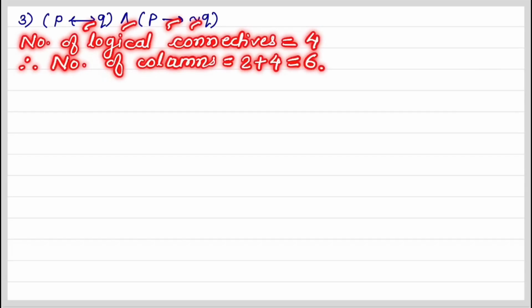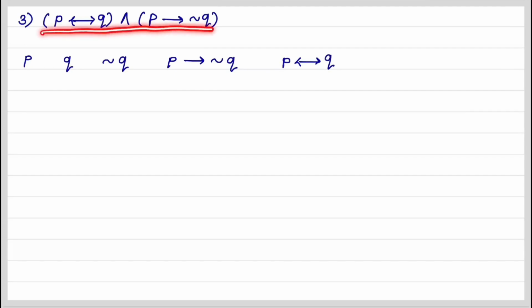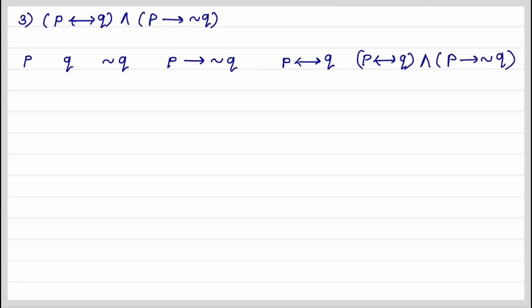We have to form a truth table with 4 rows and 6 columns. First column P, then Q, next is negation of Q, then we will take P implies negation of Q, P double implies Q, and last column is the statement pattern, P double implies Q and P implies negation of Q. These are the 6 columns and 4 rows.